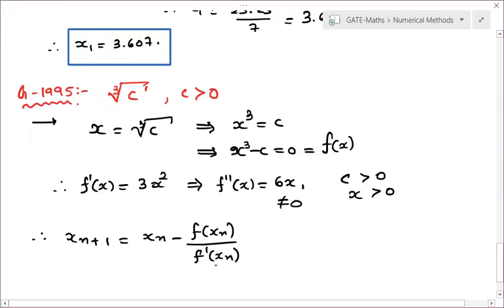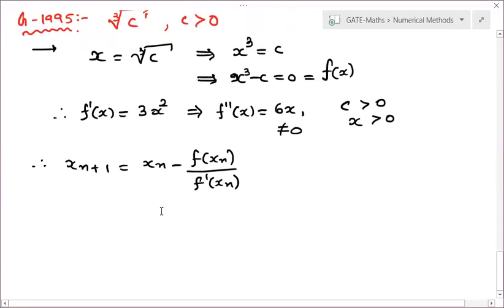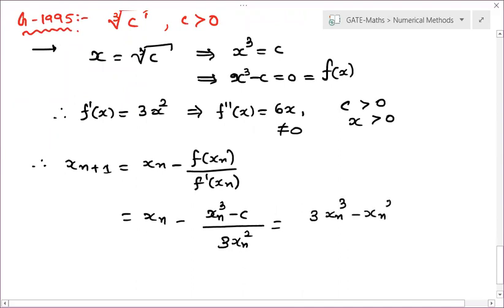Okay. So if I apply this formula, x(n+1) will become xn minus f of xn. f of x is x cube minus c, xn cube minus c, divided by f dash xn, so 3 xn square. So if you simplify, (3 times xn cube minus xn cube plus c) divided by 3 times xn square.